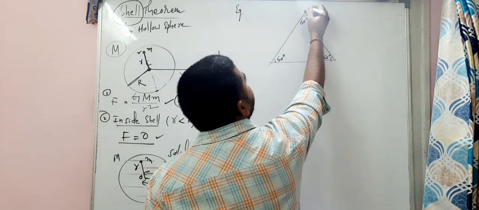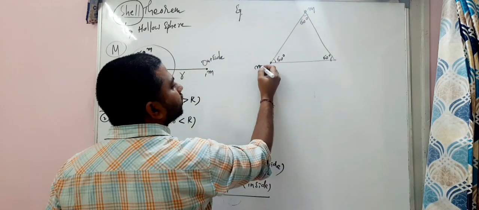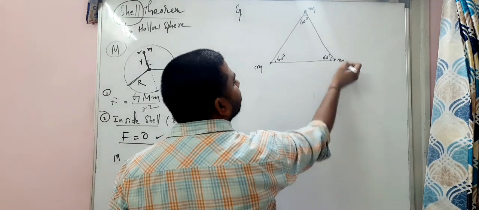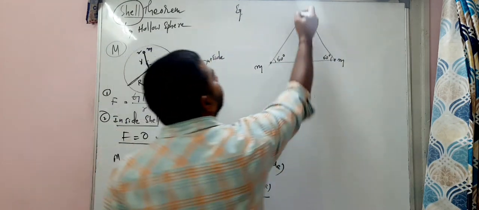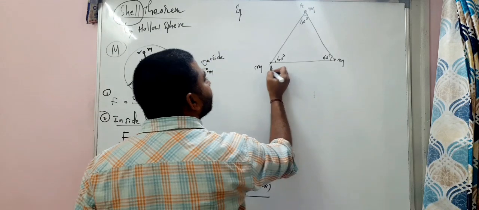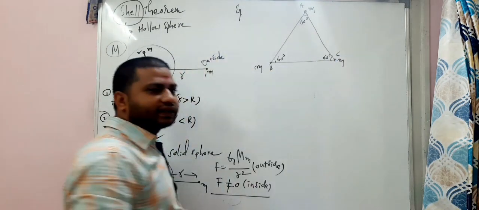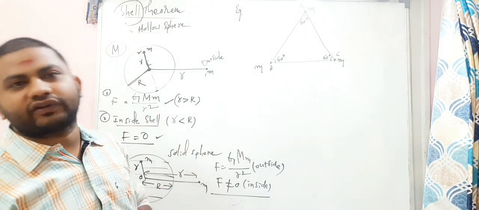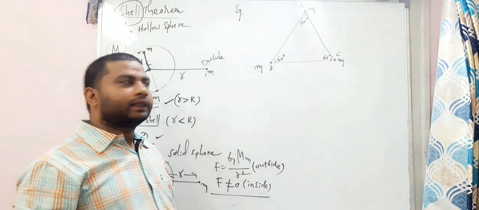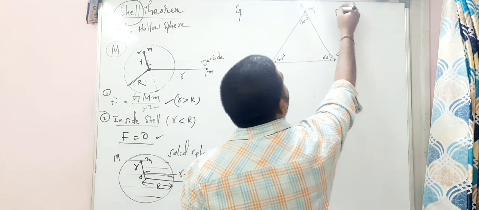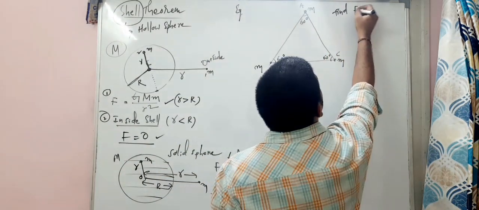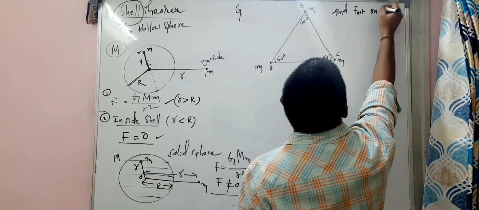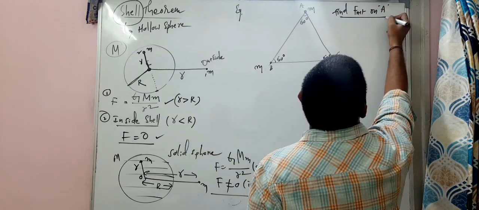There is a mass m here, here also m, and here also M is placed. At the points A, B and C, three masses are kept like this at the three vertices of an equilateral triangle. The question is, find the net force on point A.